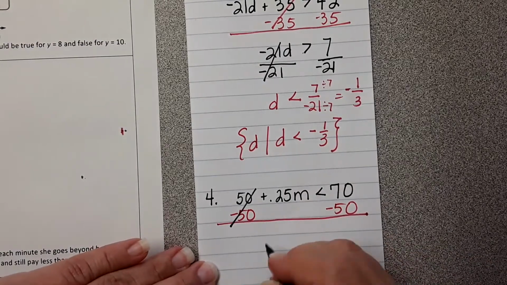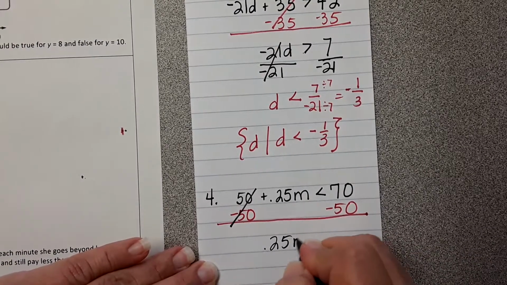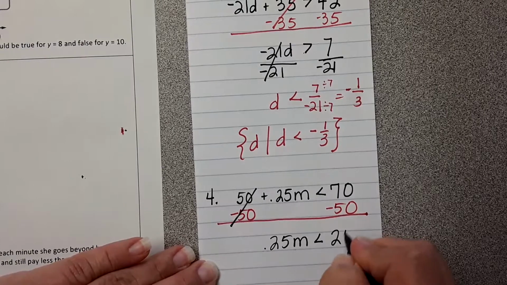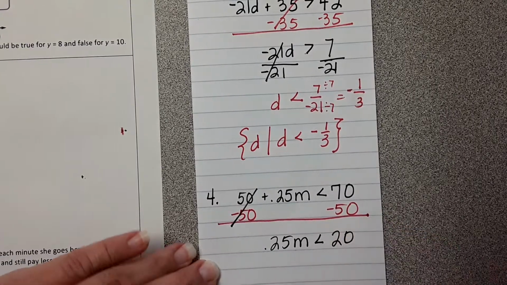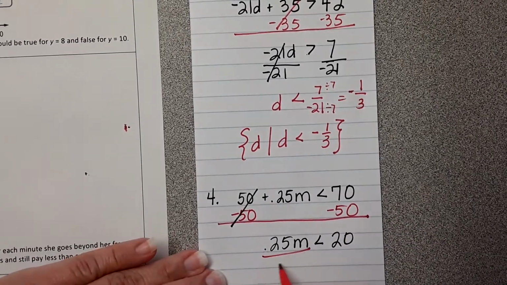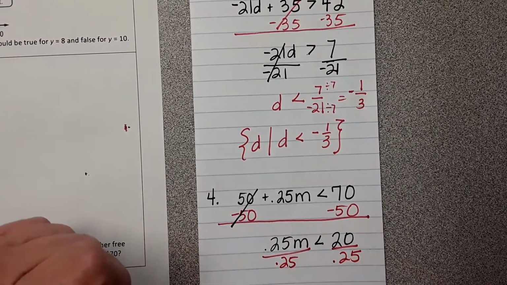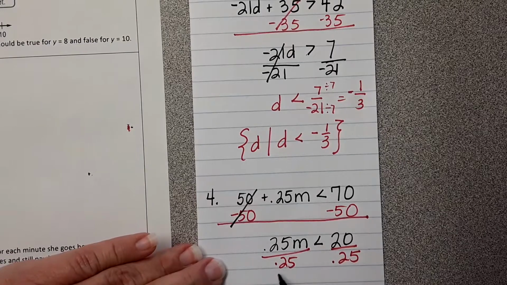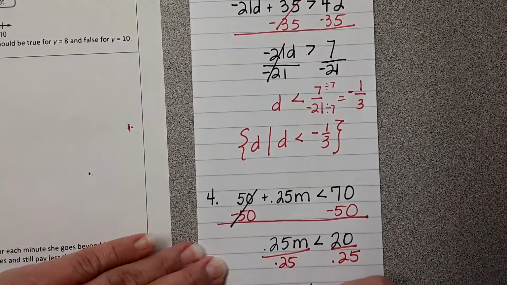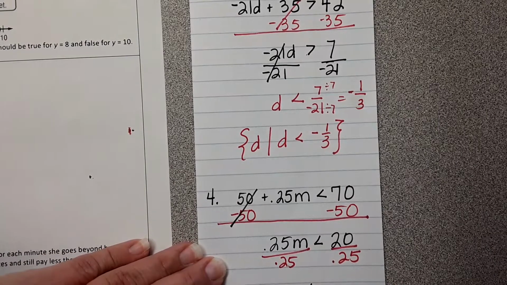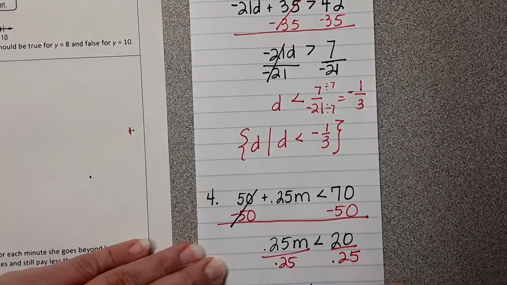These cancel out. 70 minus 50 is 20. Divide. Notice I'm not going to have to flip the sign because 25 cents is not negative. And then 20 divided by 0.25 is 80.